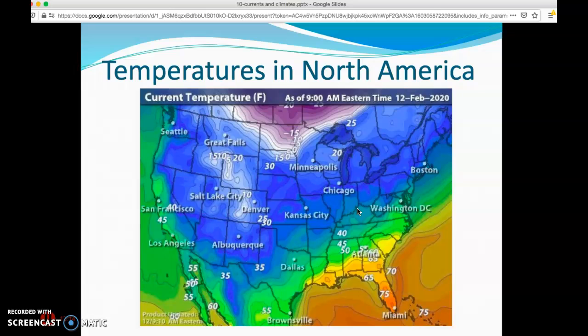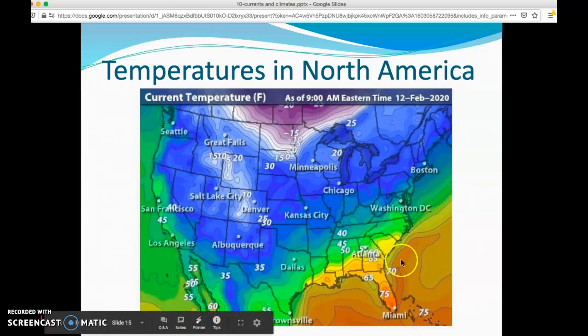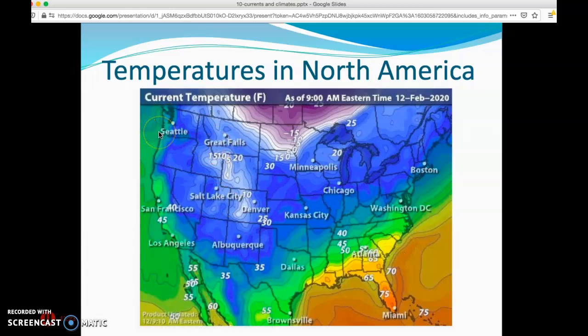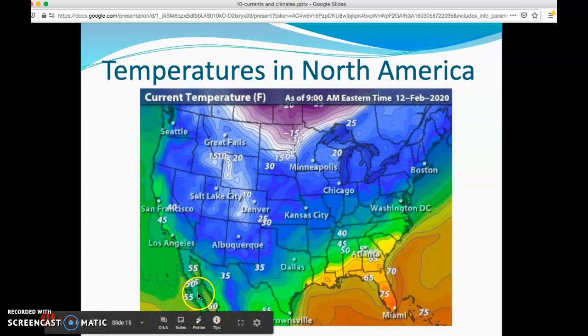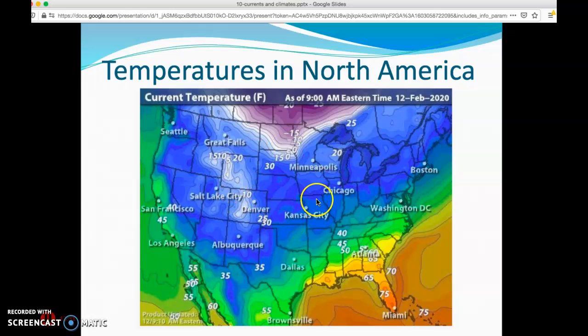Temperatures in North America, just in case you wondered. You can kind of see it right here, these coastal regions are operating at a little bit warmer temperature than we see inland. Still, it's pretty dominated by where the place is latitude-wise.